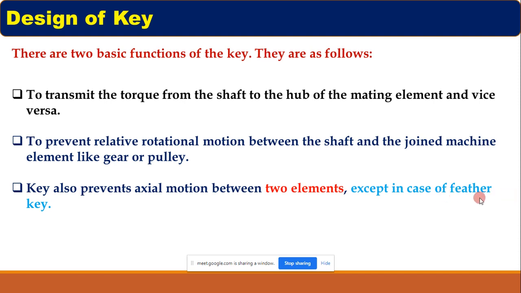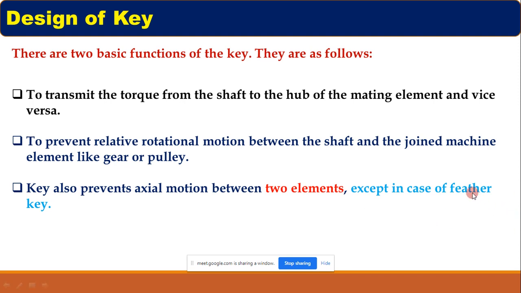In which applications is this axial motion required? In a gearbox, we require the axial motion of the gear along the length of the shaft. So in that case we can use the feather key.